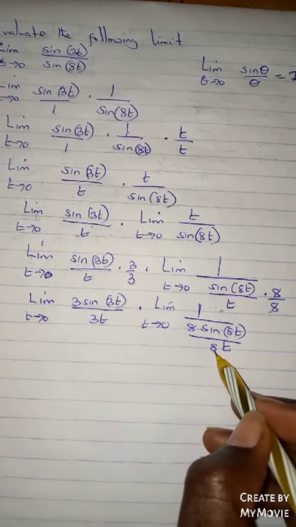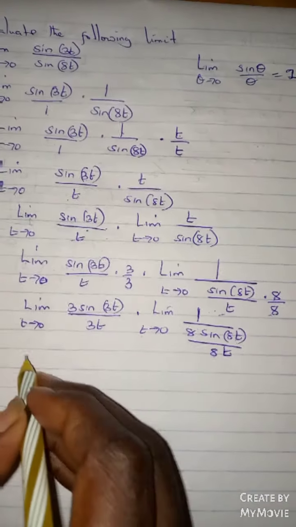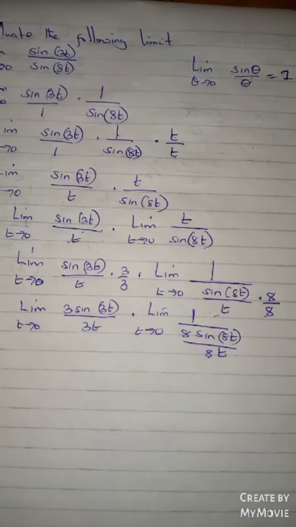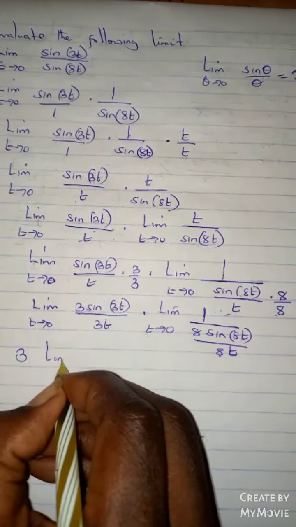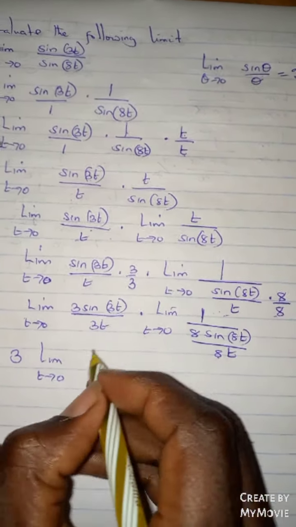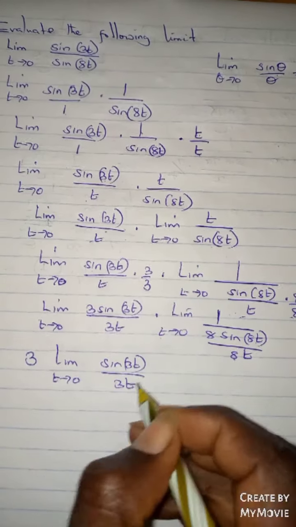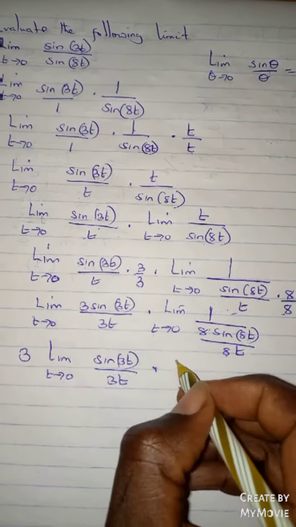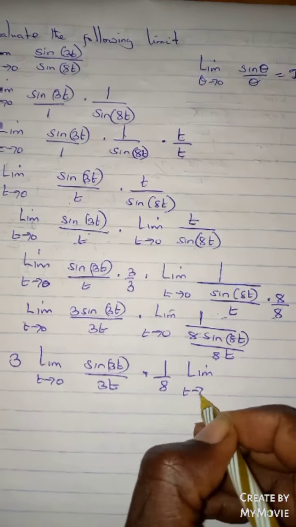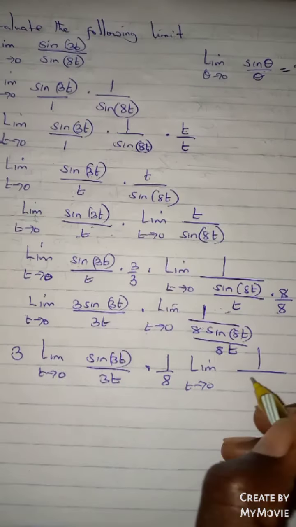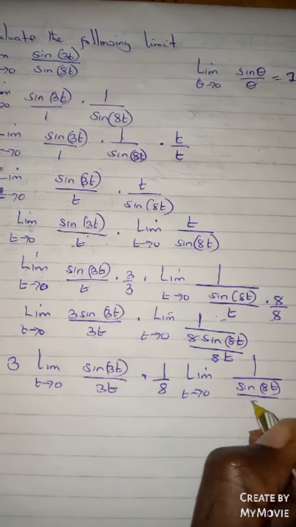This one will be theta, this one will be theta. Theta will be approaching 0, so we do the same. First, I want to factorize 3 outside, so that you are left with the limit as t approaches 0 of the sine of 3t over 3t, and then multiply by 1 over 8, I bring it outside, and you are left with the limit as t approaches 0 of 1 over sine 8t over 8t.